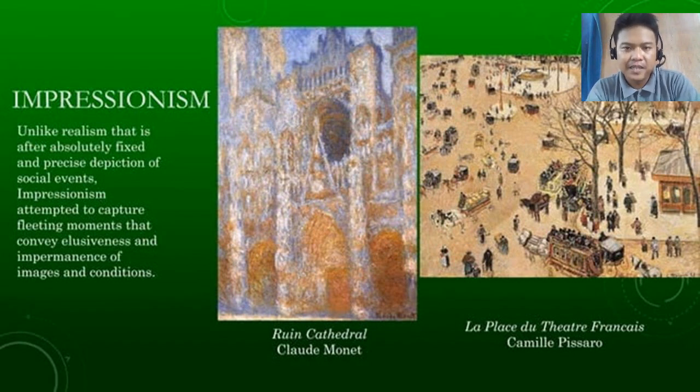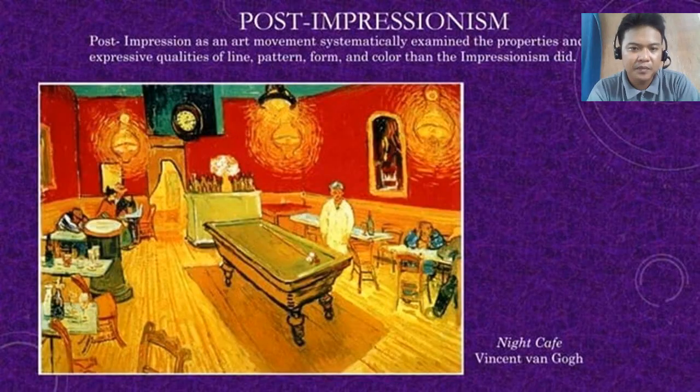Okay, next is Post-impressionism. Since we have Impressionism, we also have Post-impressionism. Post-impressionism systematically examines the properties and expressive qualities of line, pattern, form, and color more than Impressionism did. So remember that one.